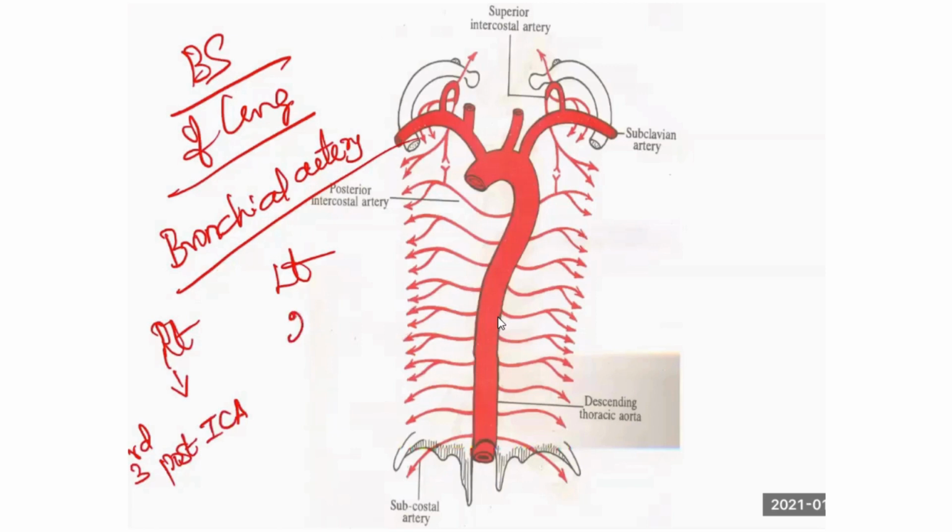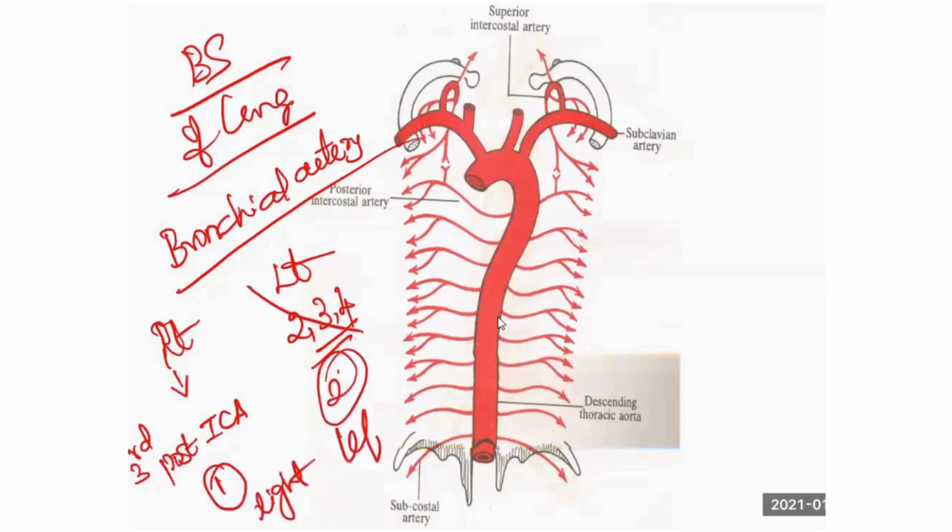For the left side, the 2nd, 3rd, and 4th intercostal arteries. One more thing: there is only one bronchial artery on the right side, whereas there are two bronchial arteries on the left side. That is the major difference.